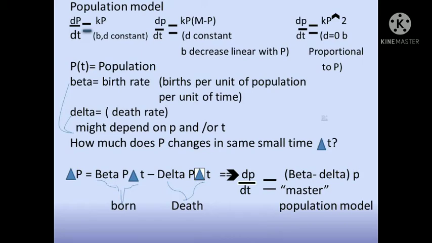Now, just because we can, I'd like to throw a little extra something into this model. Suppose we have a fish pond and the population of fish in that pond is governed by the population model we derived here. But I like to catch fish, and so every year I catch 100 fish out of that pond.